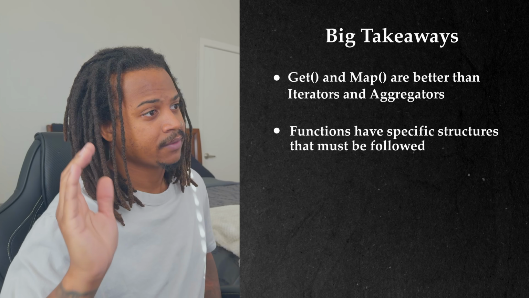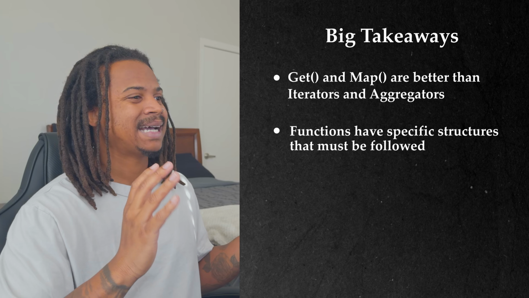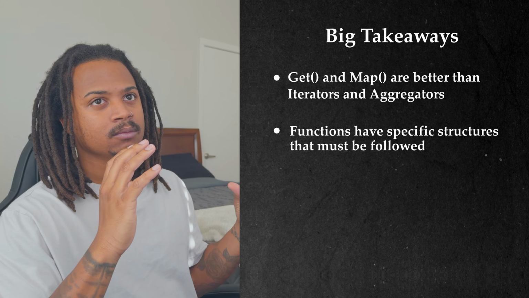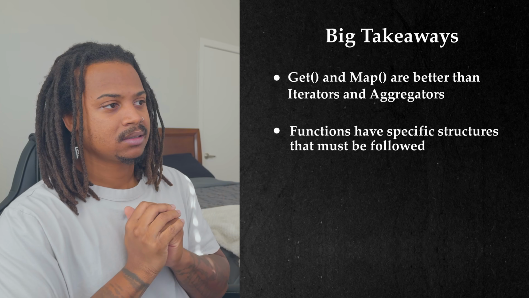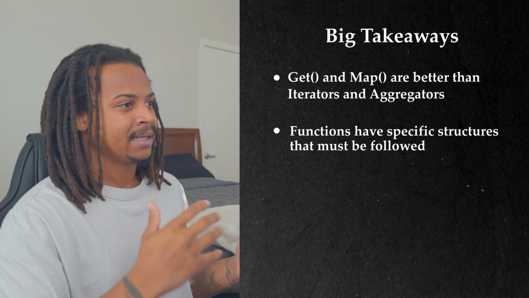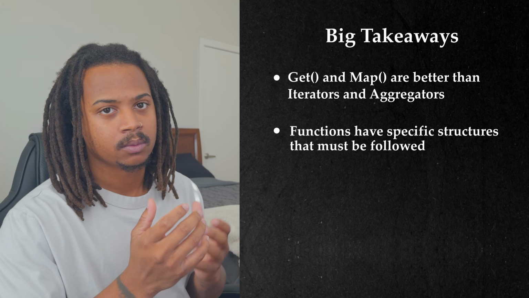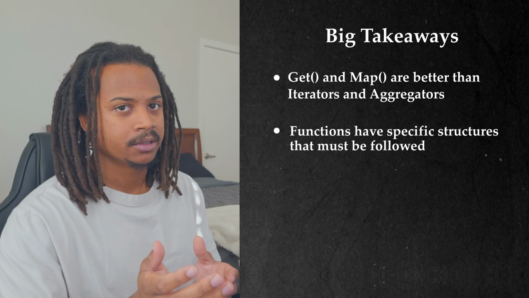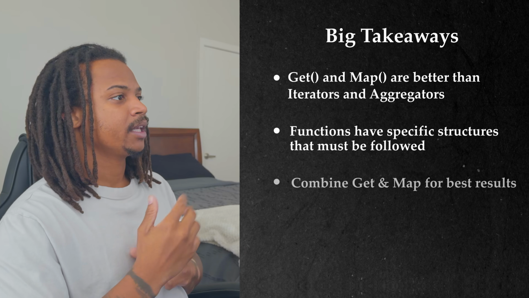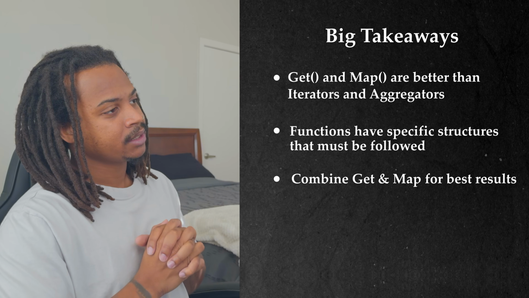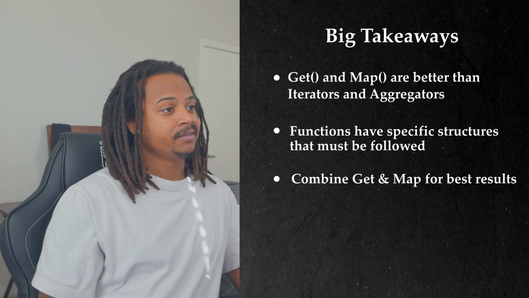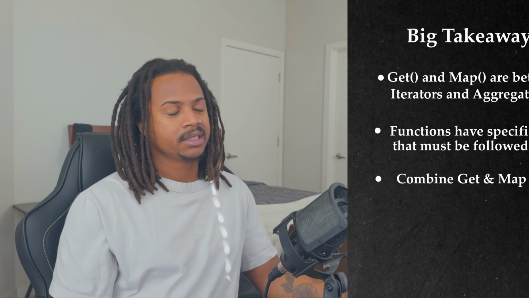So we have to make sure that how we type out the function and the way that we're ordering it is very deliberate and beneficial to the task that we're trying to accomplish with that scenario. And then finally, that the get and map functions combined seem to be the best way to take advantage of the advantages that come with using these functions.